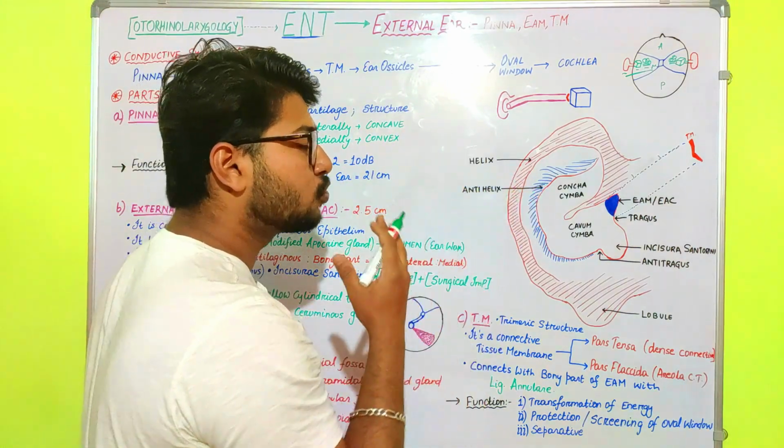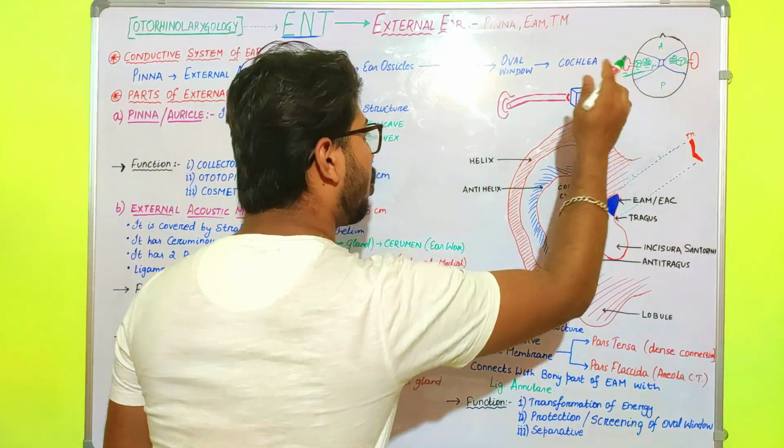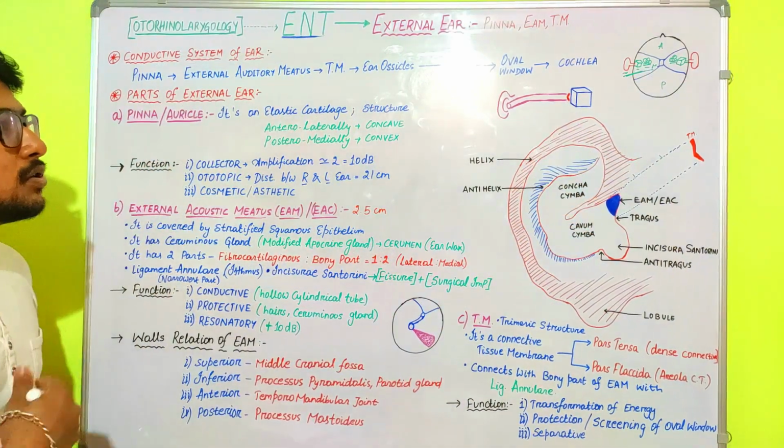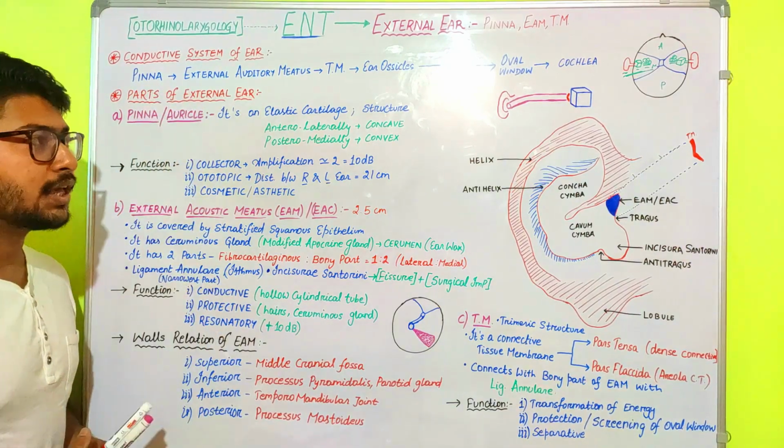These are the landmarks through which you can differentiate the three important parts of ear: external, middle and inner. Okay, so the next question: what is the conductive system of the ear?